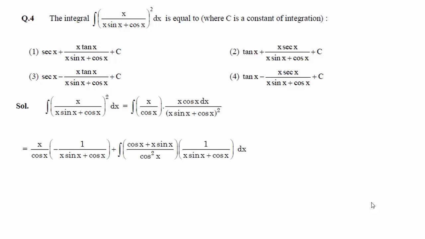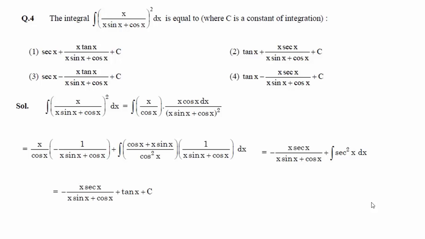Rearranging the terms, this is x divided by cos x into minus 1 divided by (x sin x + cos x), plus integration of (cos x + x sin x) divided by cos square x into 1 divided by (x sin x + cos x) dx, which is equal to minus x sec x divided by (x sin x + cos x) plus integration of sec square x dx.